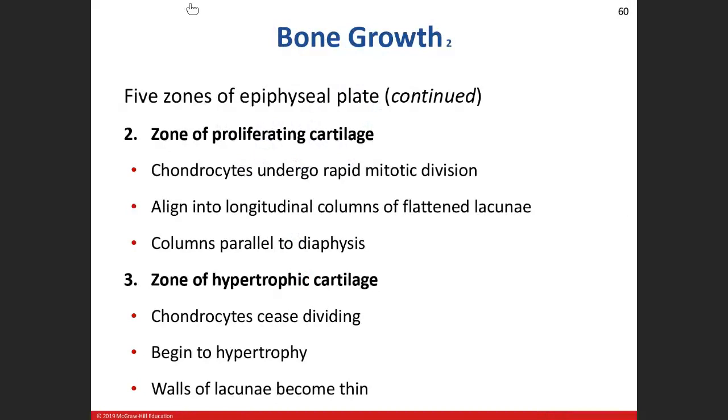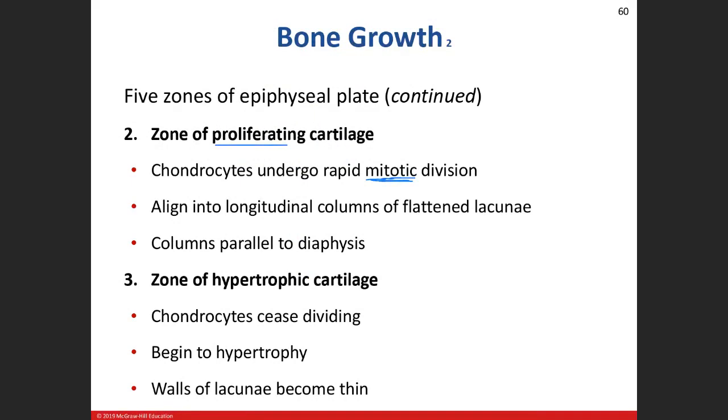Zone 2, proliferating. If you look at the term proliferation, this is where we're going to see an increase in number of our cartilage cells. Those cells undergo mitosis, so we're going to see all these chondrocytes just rapidly dividing.